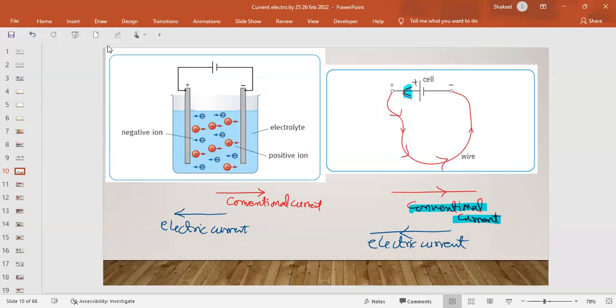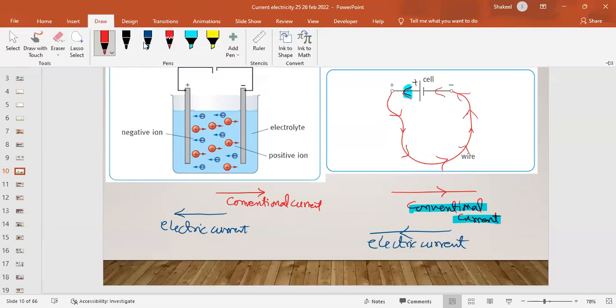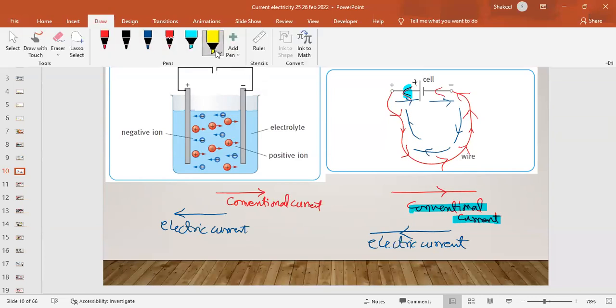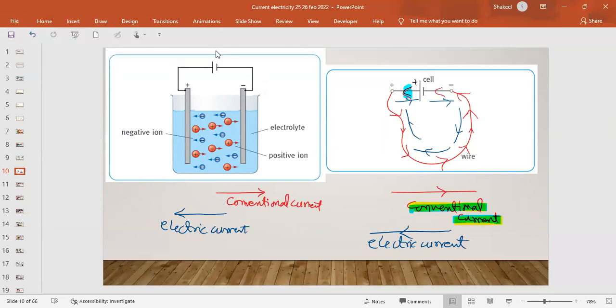So these red arrows represent conventional current because they are flowing from positive terminal towards the negative. And then the other current is electric current. So that flows from negative terminal towards positive terminal. So that's all. We can say that conventional current flows from positive to negative and electric current flows from negative to positive.